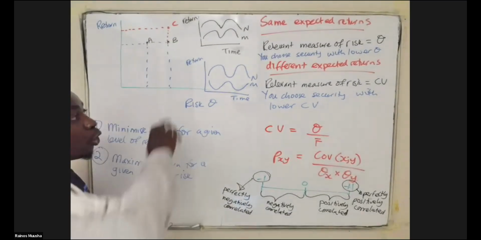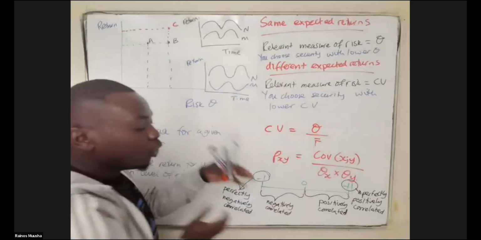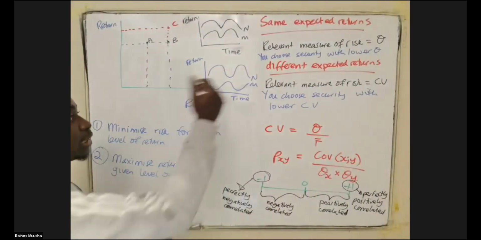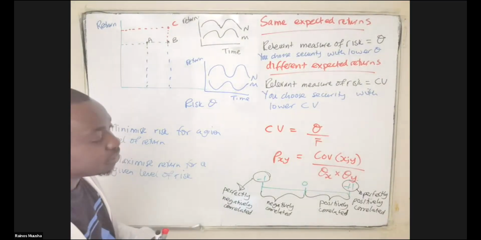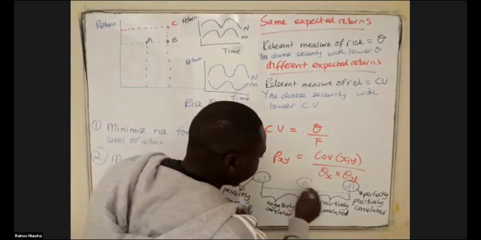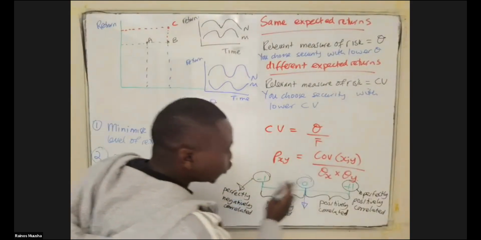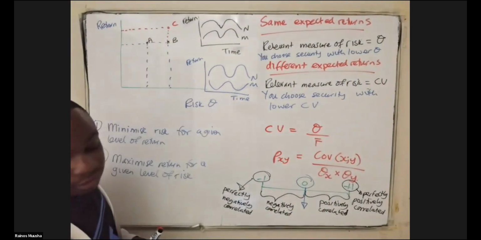Then if there's no particular direction or no particular relationship between the return of X and the return of Y, that's when there is going to be a correlation of 0.